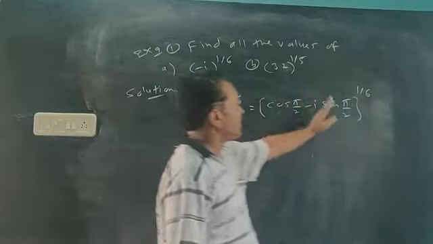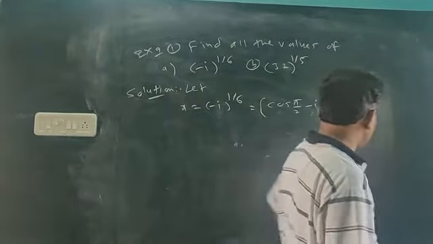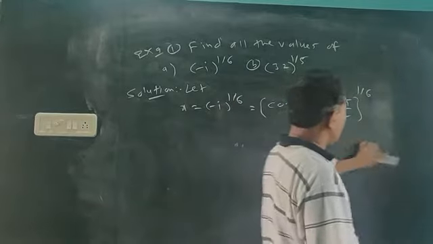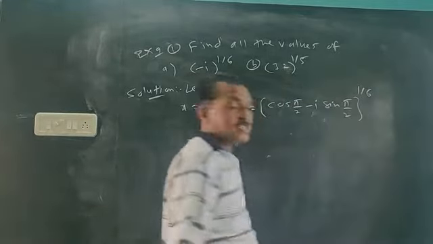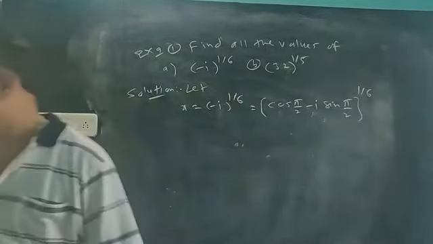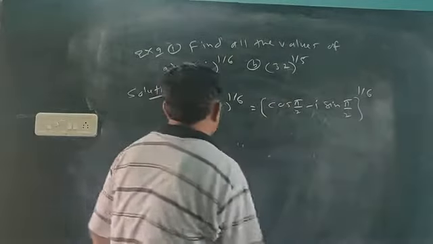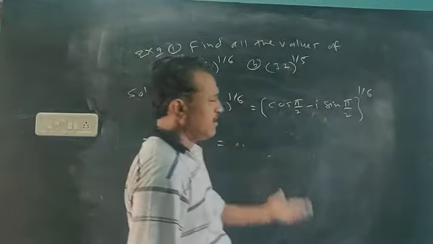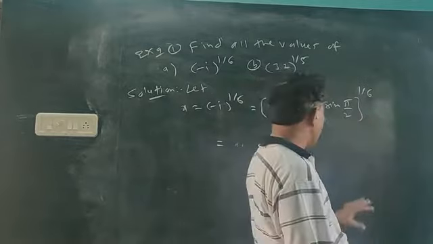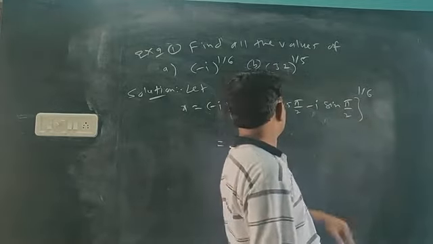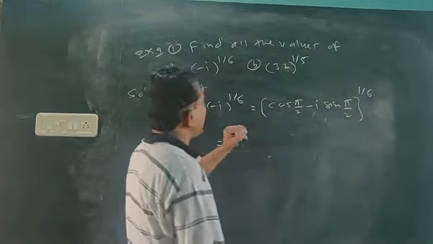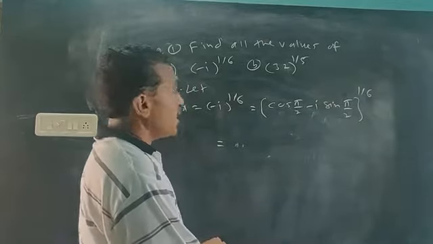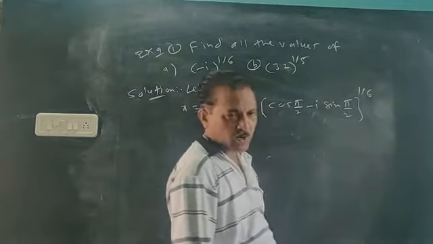Every minus i is expressed in terms of sin and cos, because we use De Moivre's theorem. Now I want 6 values, but here there is only 1 value, so k must be introduced, running from 0 onward.